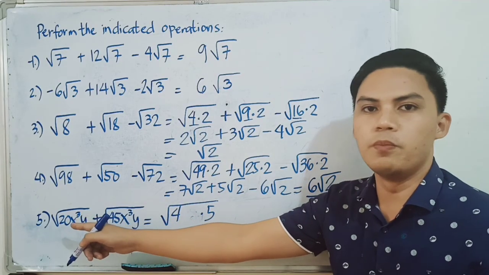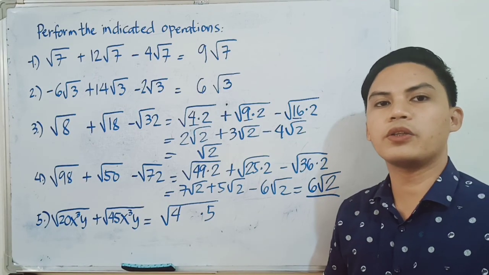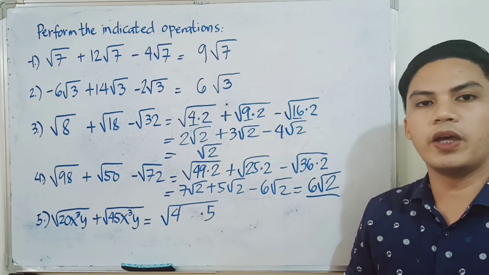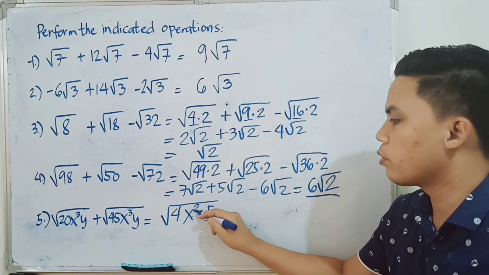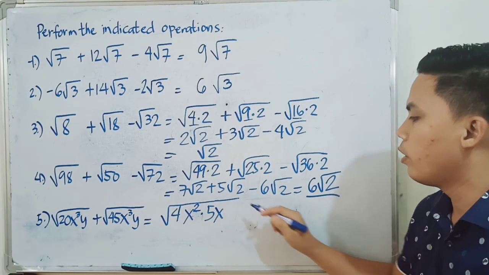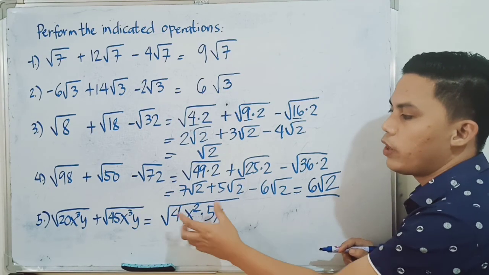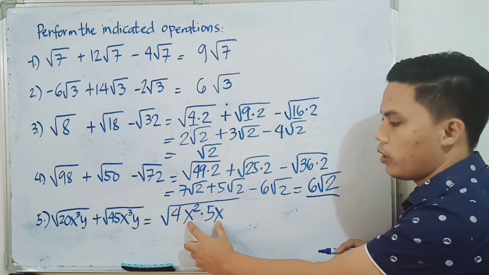So, x cubed. Ano yung dalawang factors na x cubed? Now, we see to it na yung isang factor niya has the greatest even na exponent. So, it will become x squared, right? Then, sa kabila would be x. Okay. So, pinactor out lang natin yung x cubed, kaya naging x squared at saka x.